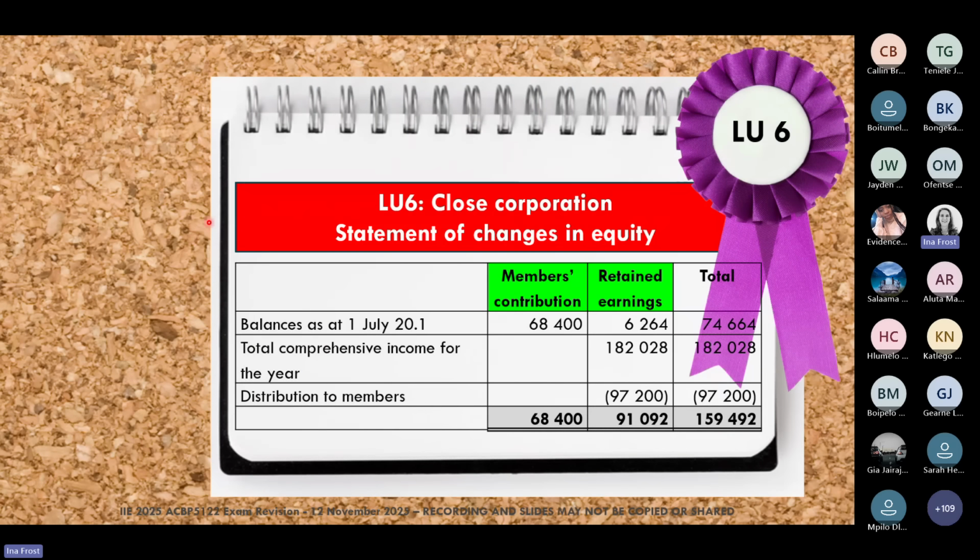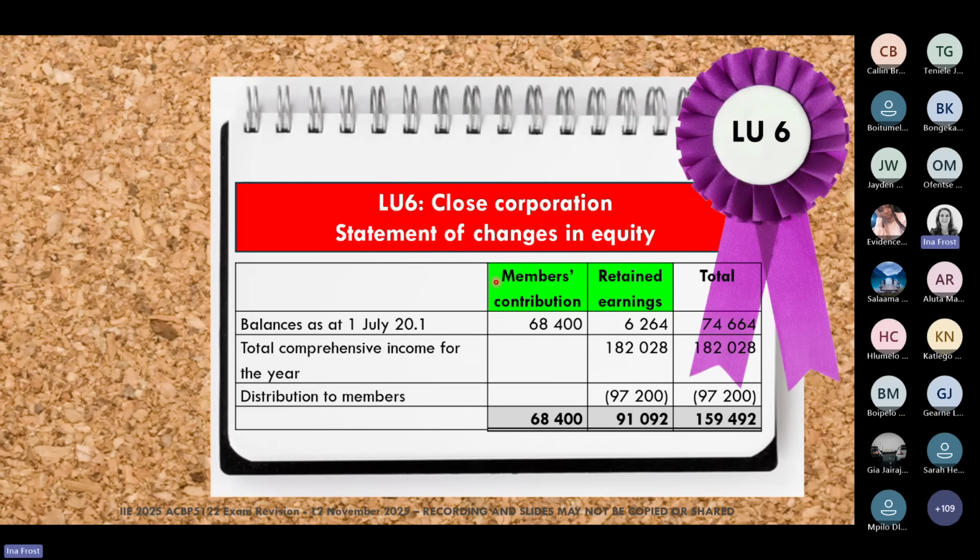Now, the statement of changes in equity for a closed corporation also looks different. For each of our three ownership forms, the statement of changes in equity looks different. This is your example of the statement of changes in equity for a closed corporation. You can see we've now got a column for the members' contributions.